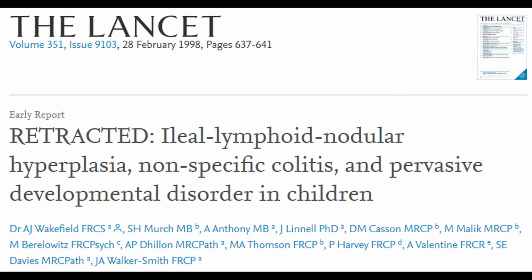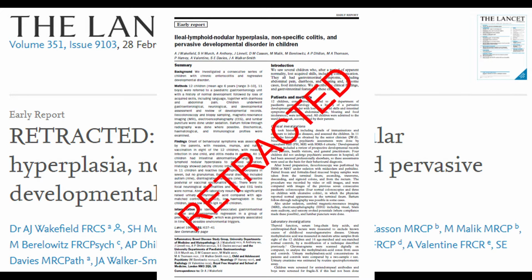But probably the most infamous example is the link that was made at the end of the 90s, in 1998, when a study found a correlation between the measles vaccine and autism. That study has since been refuted by the rest of the scientific community, and there were actually two studies about it, one in 1998 and one in 2002.